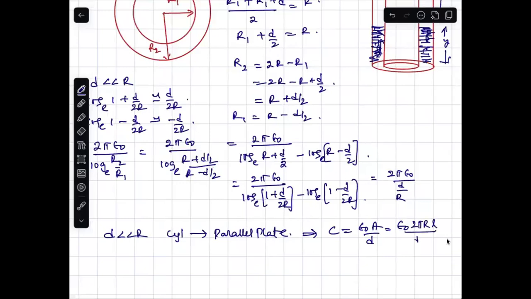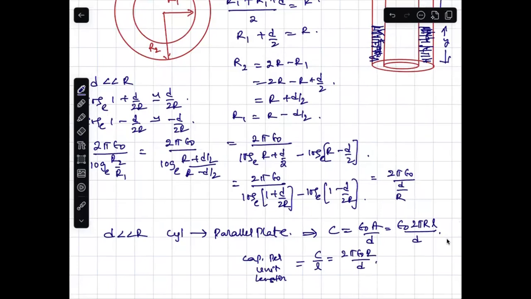L by D. C by L is called capacitance per unit length. In fact, I have given you the capacitance per unit length only, which is nothing but 2 pi epsilon naught R by D. Now you see, I got the same relation.